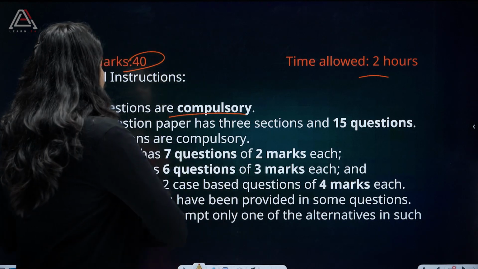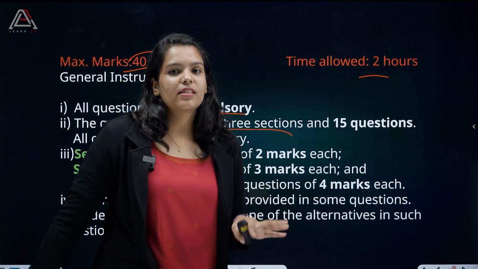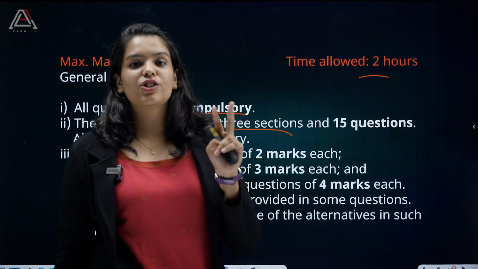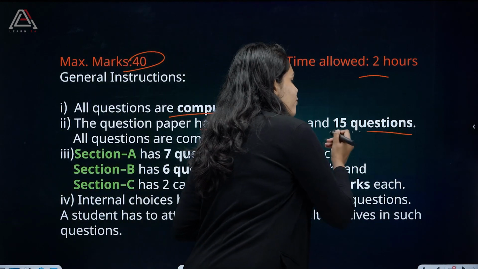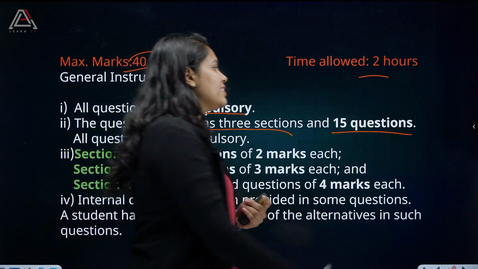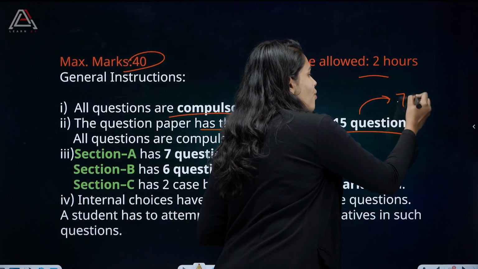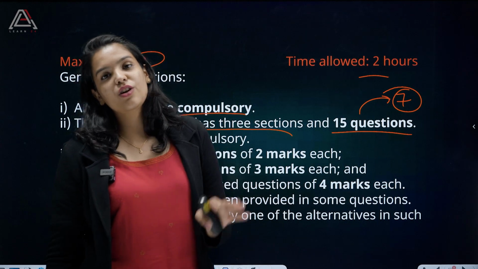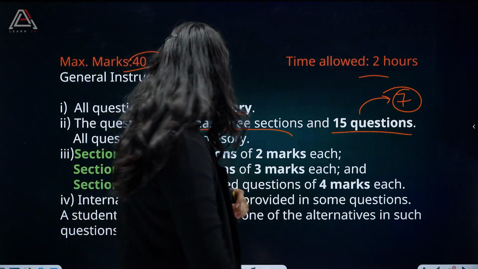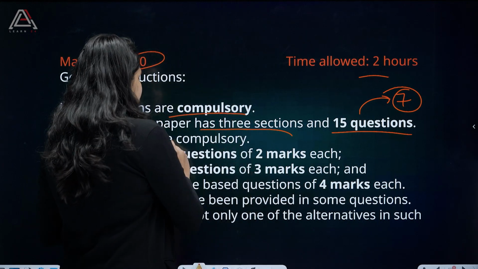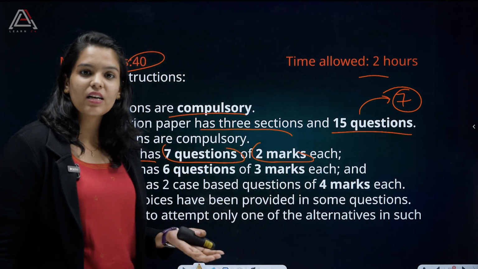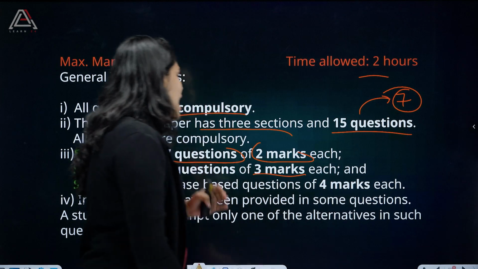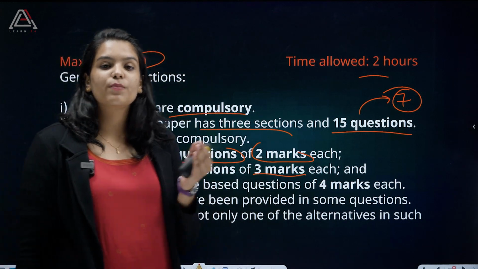Now the question paper has 3 sections: section A, section B and section C, and there are 15 questions, out of which 7 questions are from the biology section of the NCERT book. Section A is of 7 questions of 2 marks, section B comprises 3 marks, and section C is a case based question.